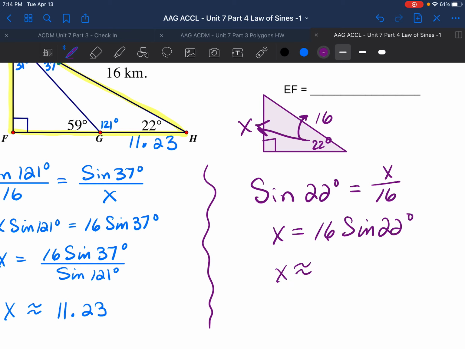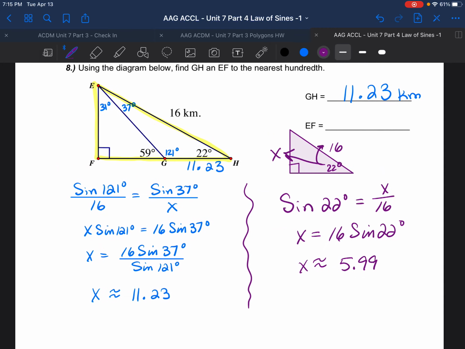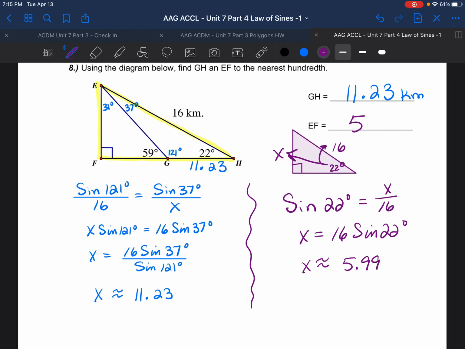And after typing in our calculator, we get a side length of approximately 5.99 kilometers, okay? So I'm going to put that in my answer space, 5.99 kilometers. And once again, let's just make sure. Yeah, I think that makes sense, right? 16 was the hypotenuse. 5.99 is across from a smaller angle, 22 degrees. I think it makes sense. There we go, ladies and gentlemen. One Law of Sines and one SOHCAHTOA equation.